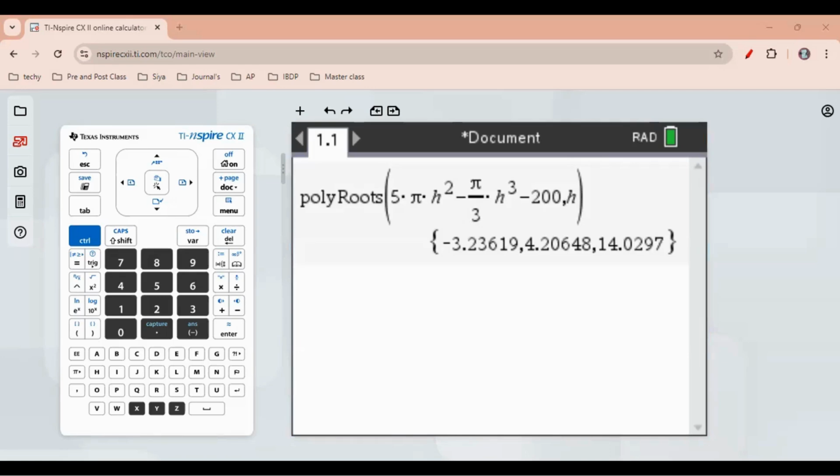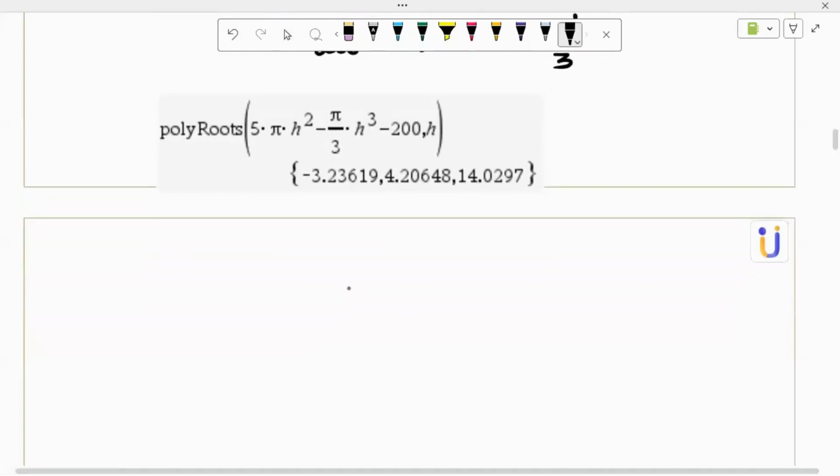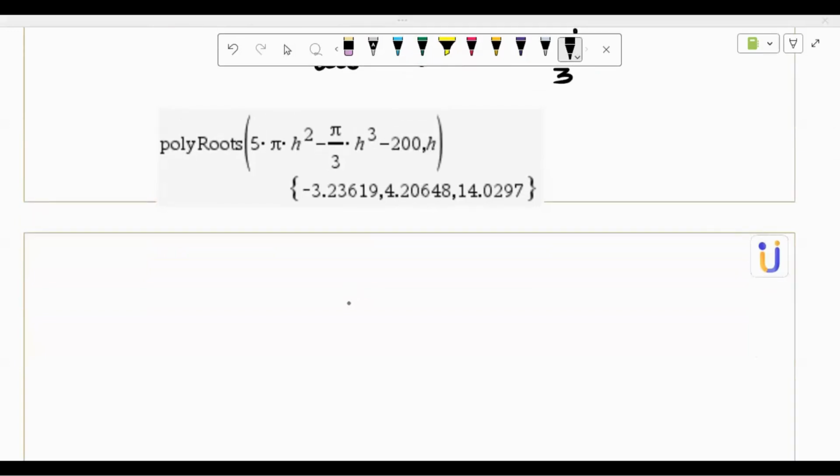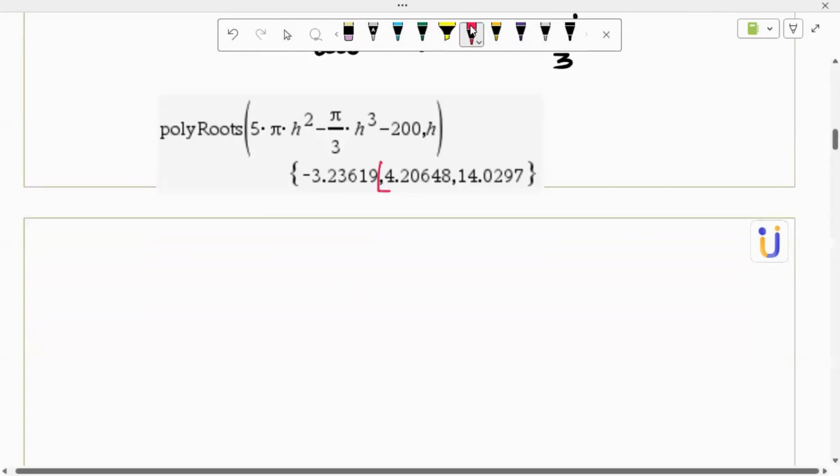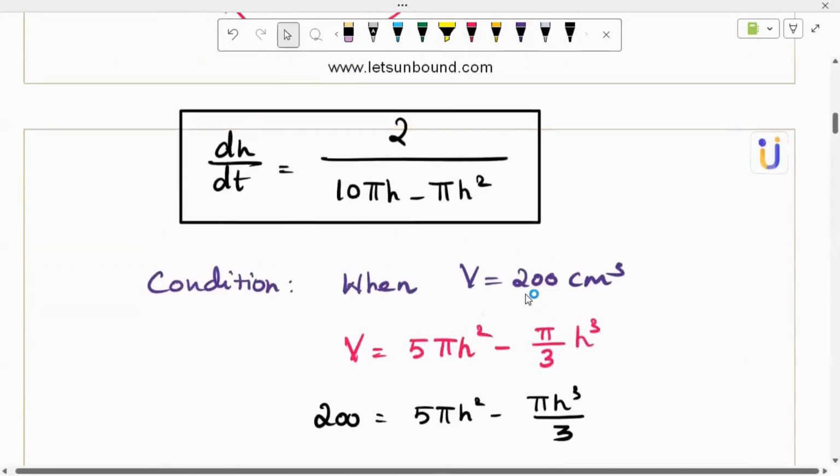Here is the screen. Right. So my h is going to be, and also they have mentioned here, I won't take negative since h is positive. So 4 or 14, that is the thing in our mind, right? So this is the only valid solution because we won't consider 14.